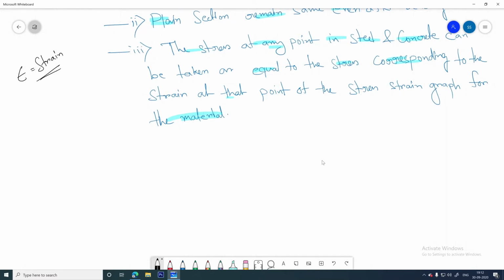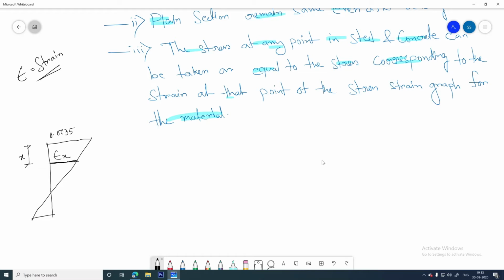Suppose you have the strain diagram, something like this, where the top value is 0.0035. Now suppose you take a level at a certain distance x. At this level you can determine the strain value, suppose this is epsilon x.